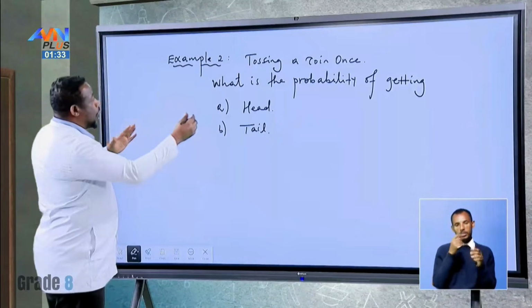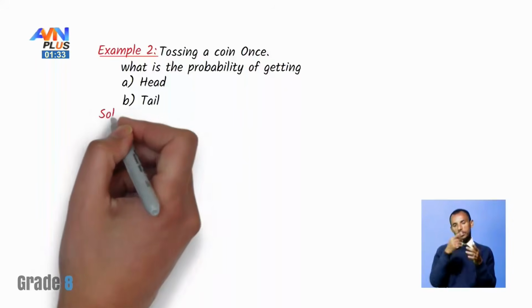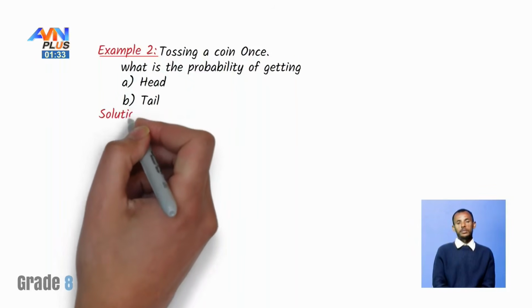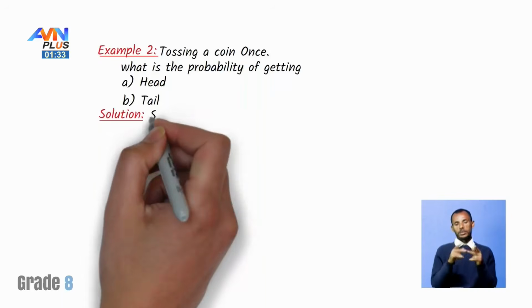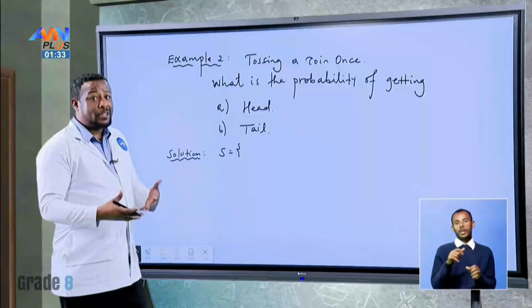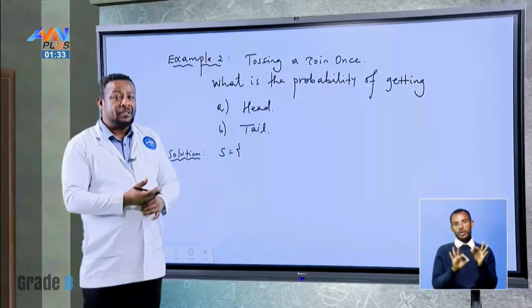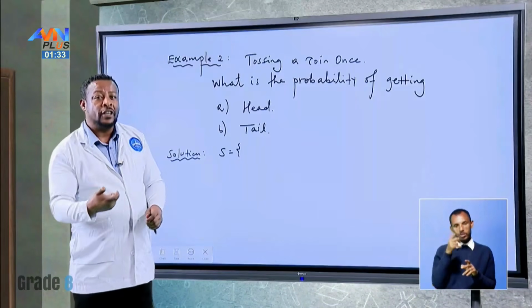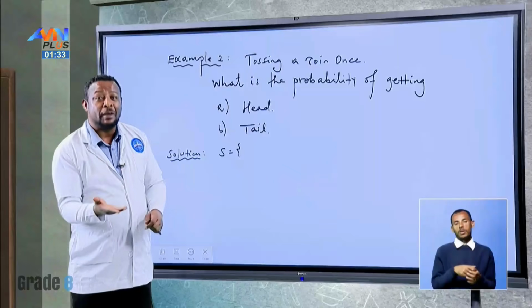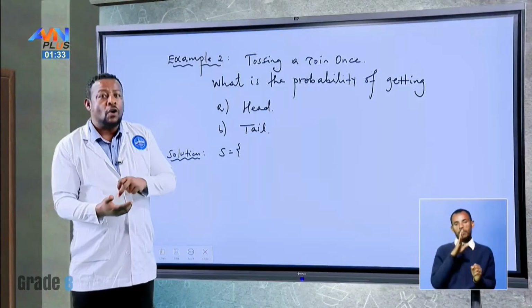So to answer this one, first we need to put the sample space. Can you guess what the sample space contains in this experiment? Suppose you toss a coin, the output can be head or tail.